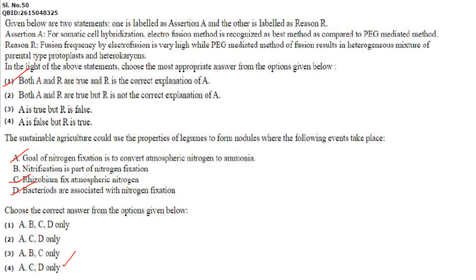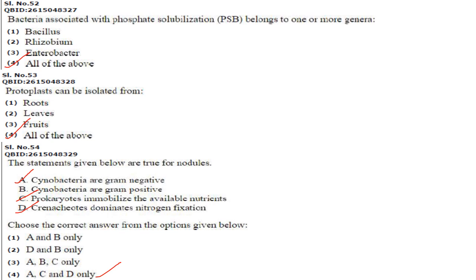Goal of nitrogen fixation is to convert atmospheric nitrogen to ammonia. Nitrification is a part of nitrogen fixation? Here they have asked regarding the nodules, so we have to see the nitrogen fixation in the nodules. So Rhizobium fixes atmospheric nitrogen. That is correct. Bacteroids are associated with nitrogen fixation. D is also correct. So A, C, D is the answer. Answer is option 4. Then next one.